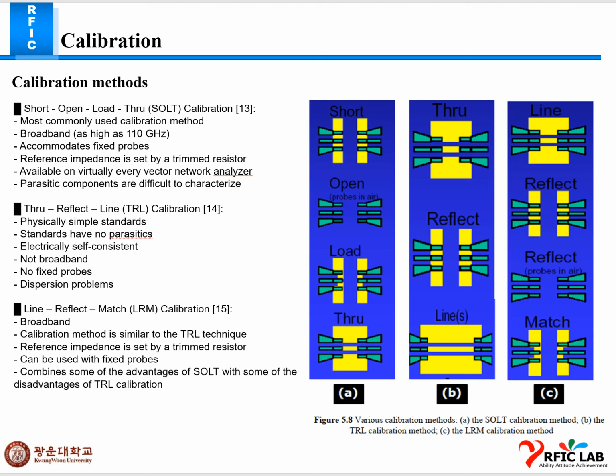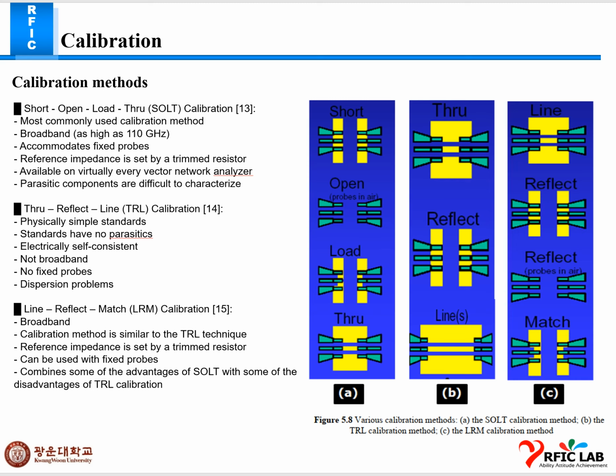The second figure, B, is about thru-reflect-line, the TRL calibration. It has physically simple standards, and the standards have no parasitics and are electrically self-consistent. It is not broadband, and no fixed probe because of dispersion problems.